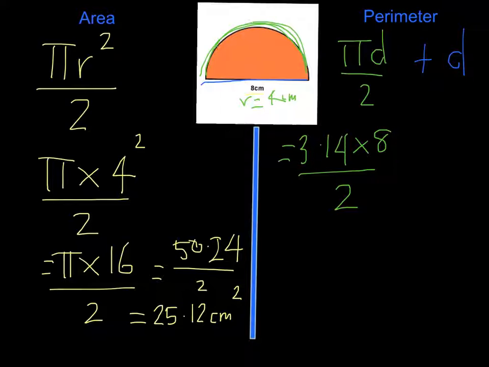Then to get the full perimeter of this shape, we need to add the diameter of 8 centimeters at the end.